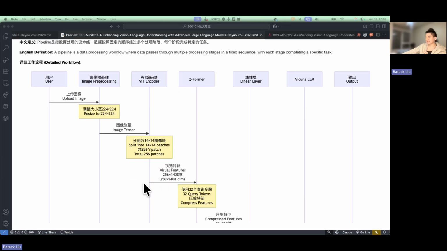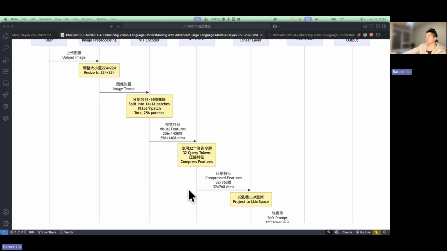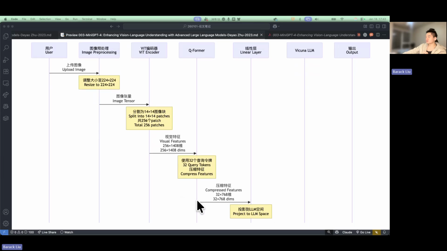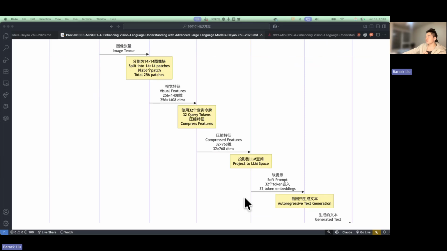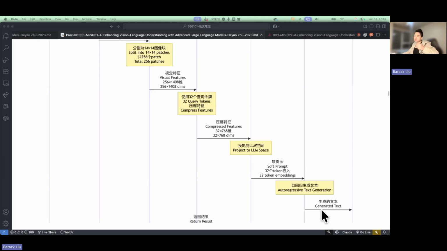The visual features are 256 by 14.8, then compress the features into 32 query tokens, then project to LLM space, then soft prompt 32 token embedding to autoregressive text generation and generated text.